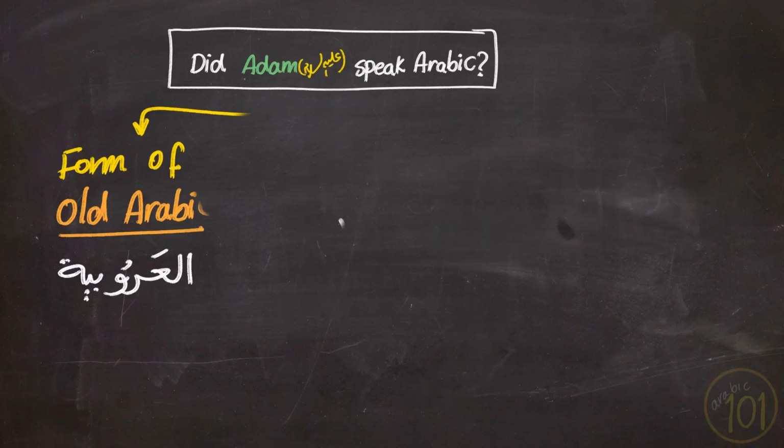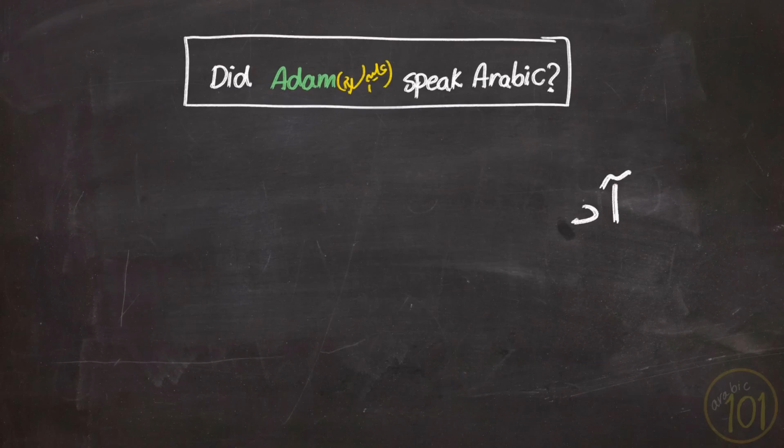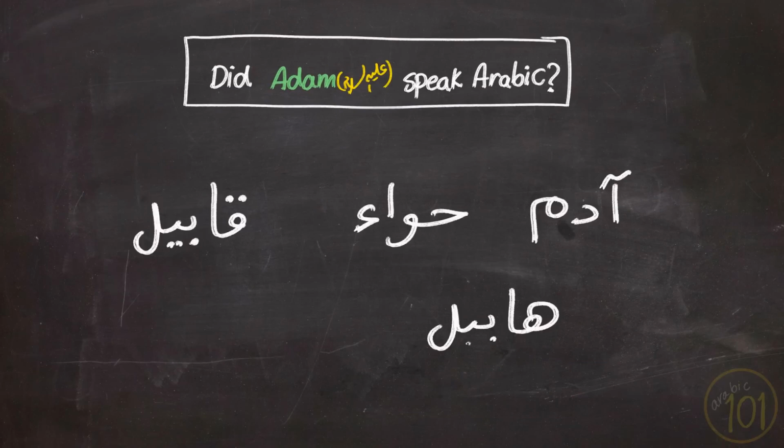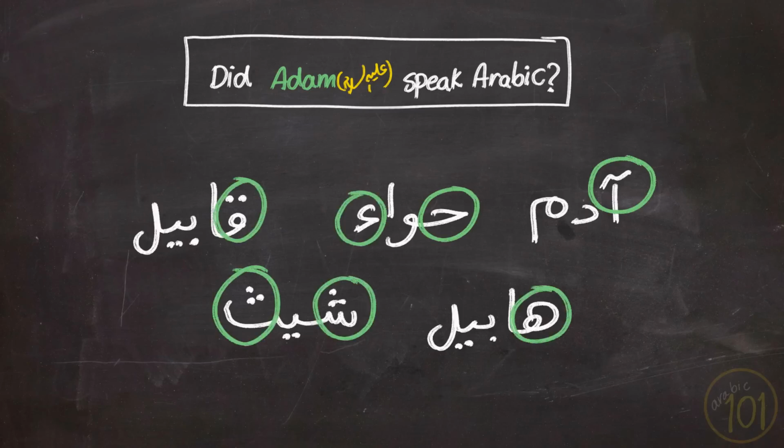But we also know that the first names of people to ever exist were Adam, Hawa, Qabil, Habil, Sheeth. And all of these names sound Arabic and have unique Arabic sounds, which we use today in Arabic and exist till this very day.